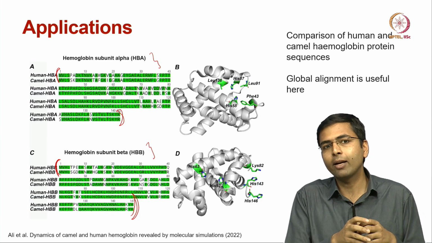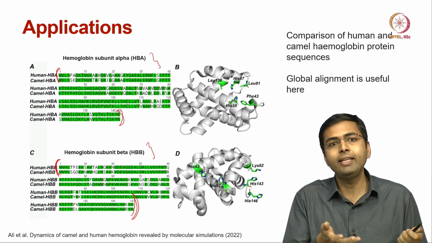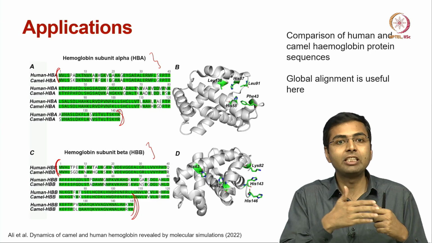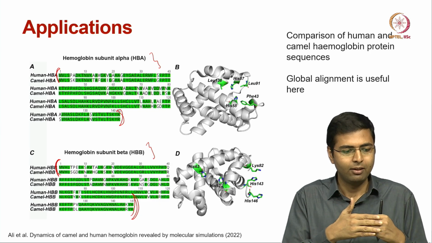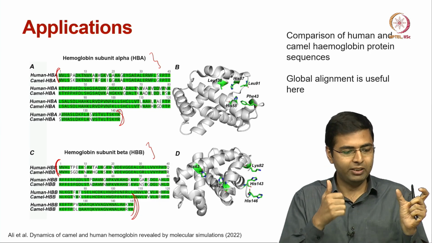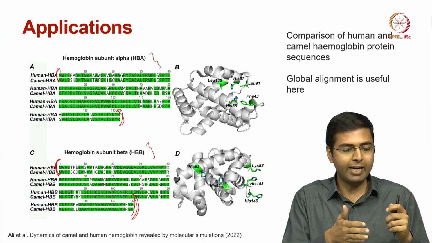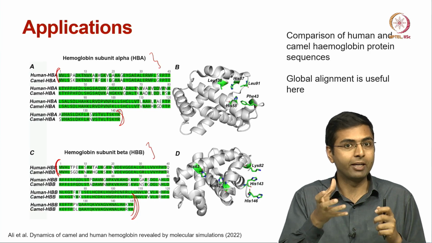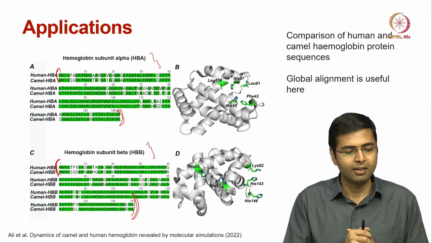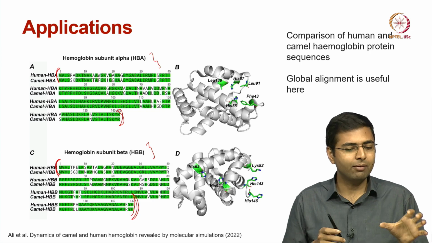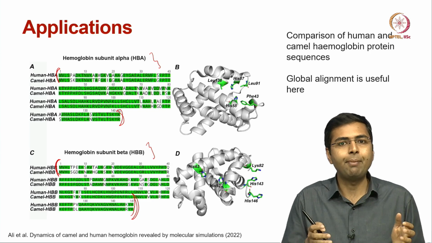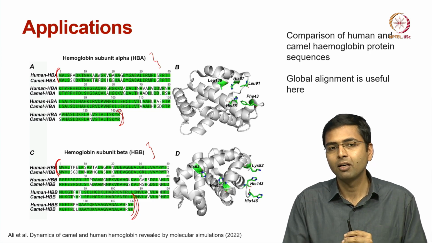This is an example where global alignment already gives us the relationship between these two sequences. We would know which characters match and where the mutations are happening. So for this example, global alignment serves the purpose.